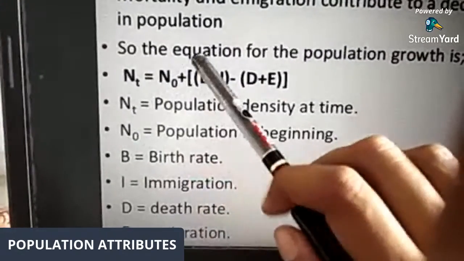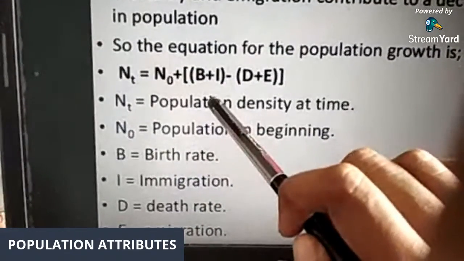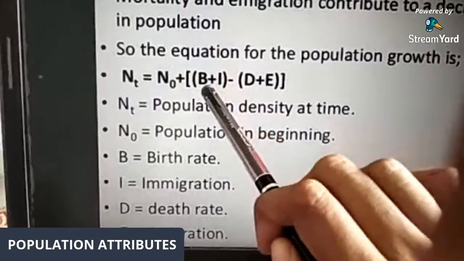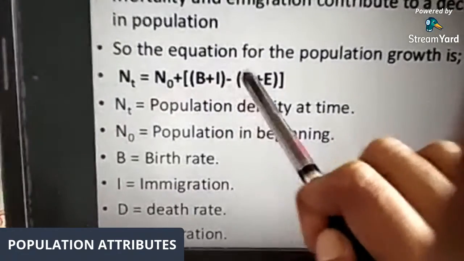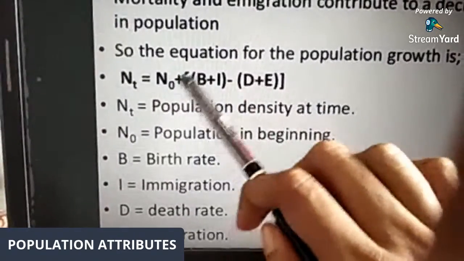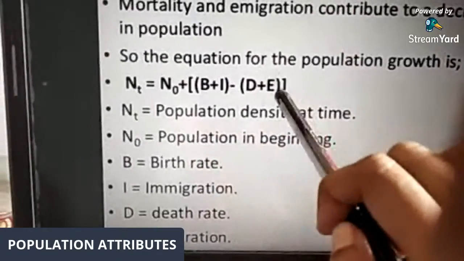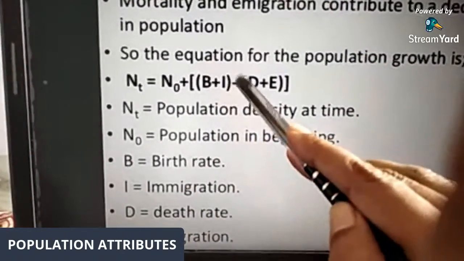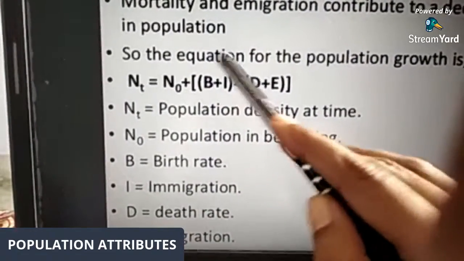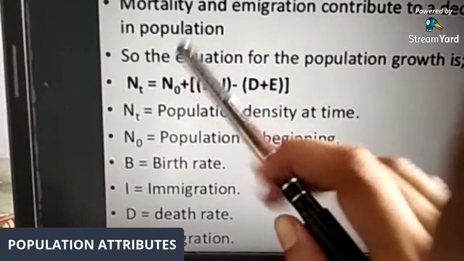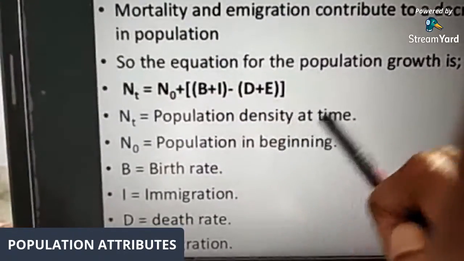N0, the population in the beginning, plus birth rate plus immigration minus death rate plus emigration, equals the population density at time t.